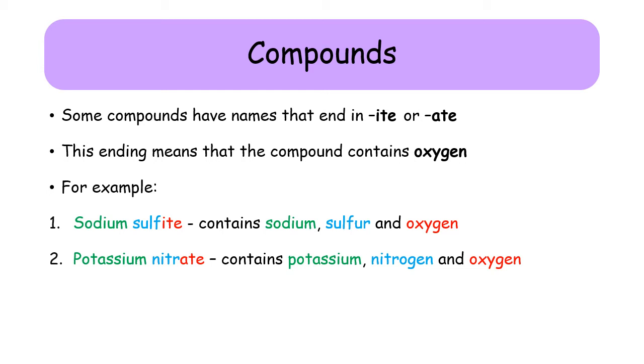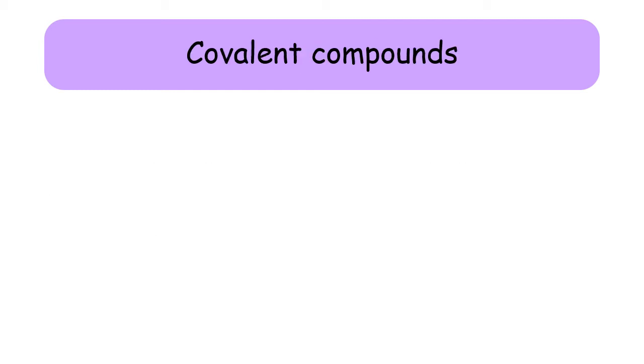So you have to watch out, look for the ending. If it's just IDE, only two elements. If it's ITE or ATE, that means that it contains two elements plus oxygen. Now there are two types of compound that we're going to look at. We're going to look at compounds called covalent compounds and compounds called ionic compounds.